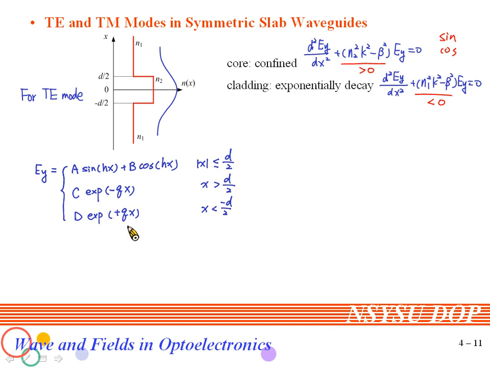Okay? And we also know that if you have obtained the EY field, the HZ field can be found out by using this equation. So, according to the EY field expressed here, we can write down the corresponding HZ field.